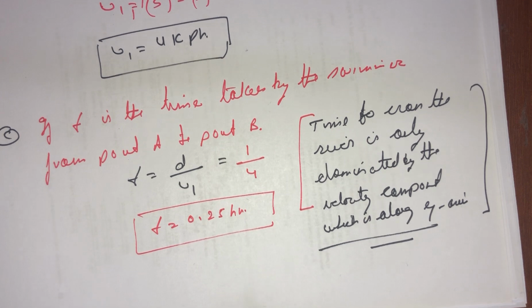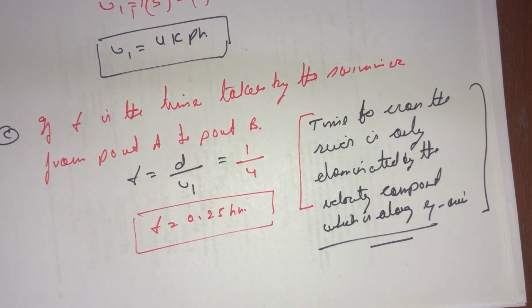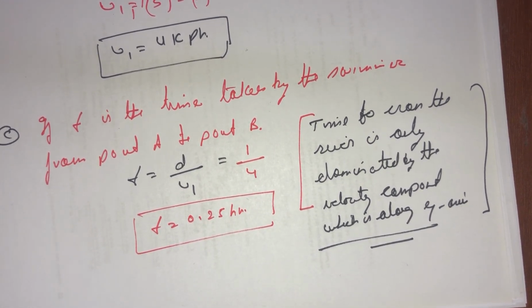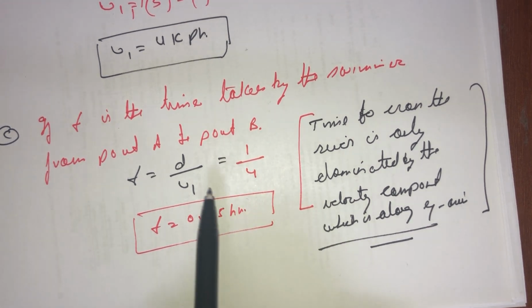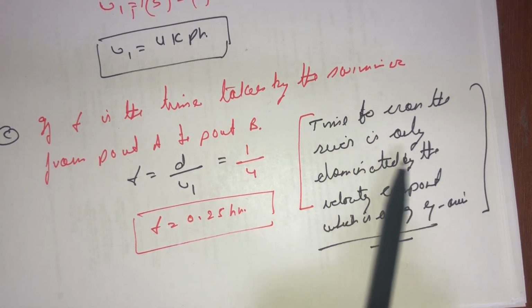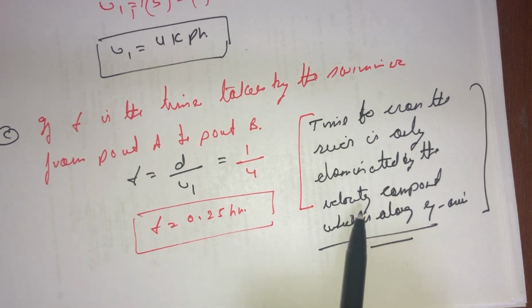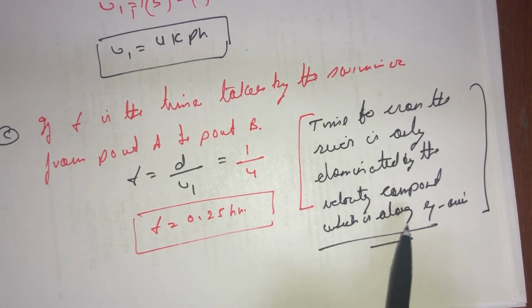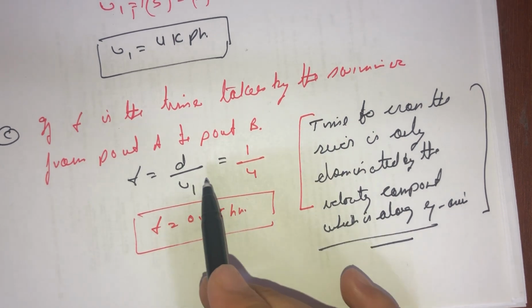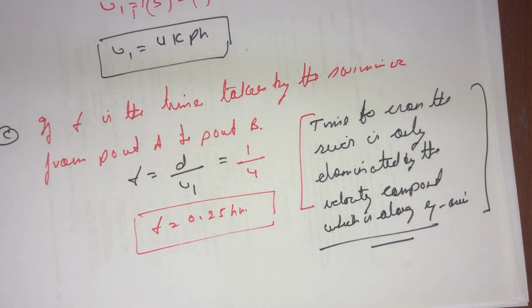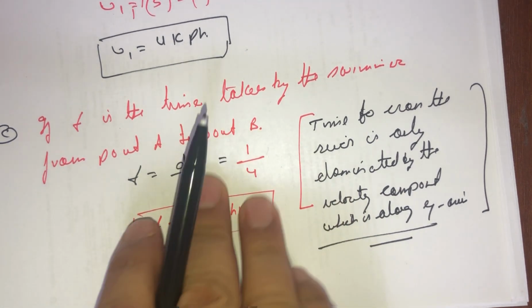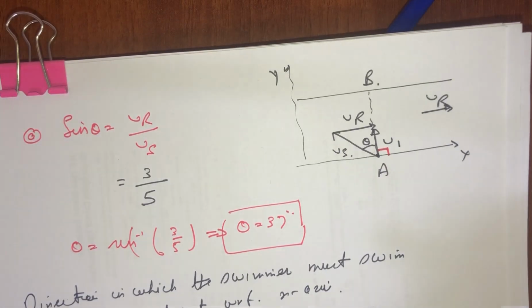If you want to travel exactly across the river perpendicularly from point A to point B, then it is always dominated by the velocity component along the y-axis. That's why it is always taken as V1, or it can also be taken as Vs cos theta, which is the component along this direction.